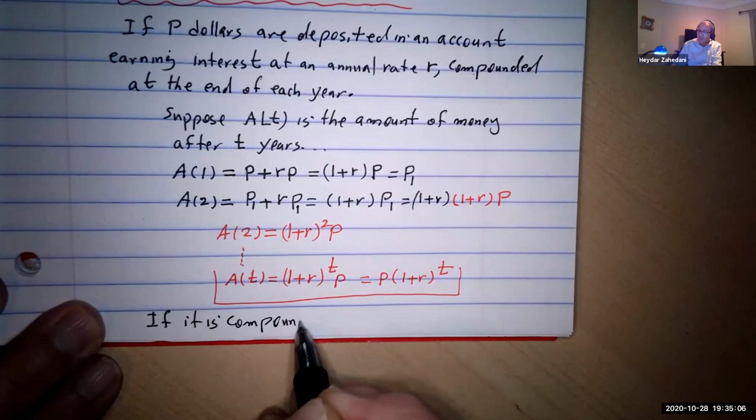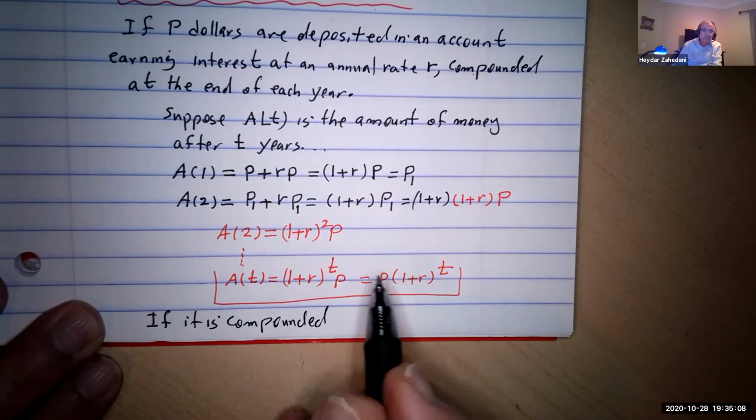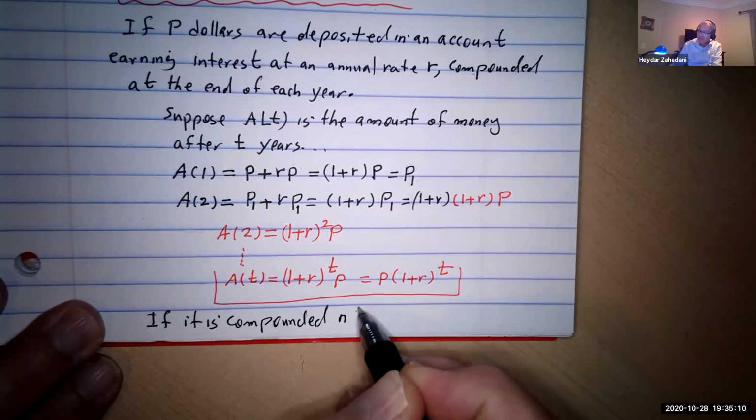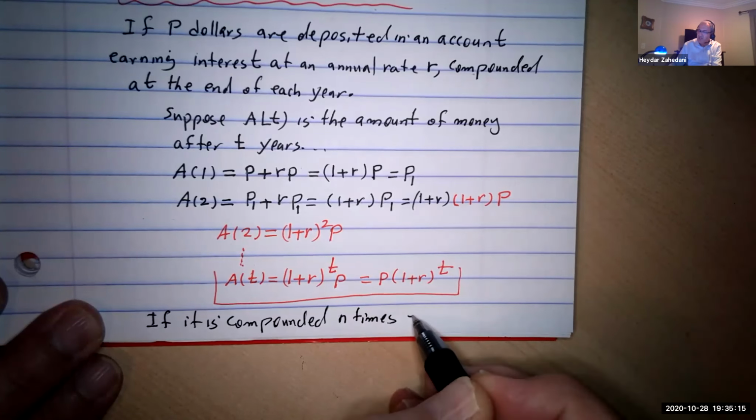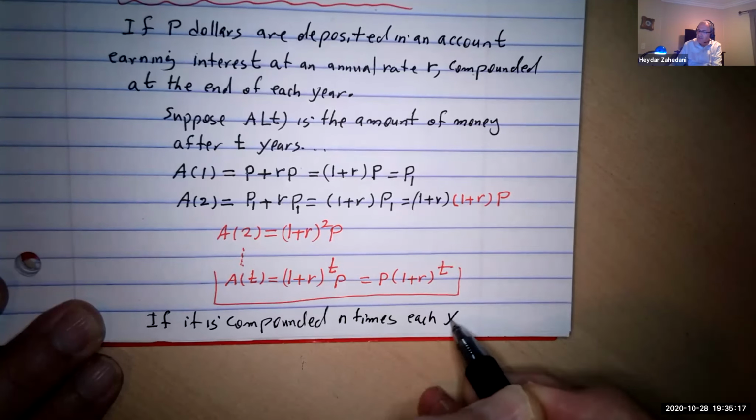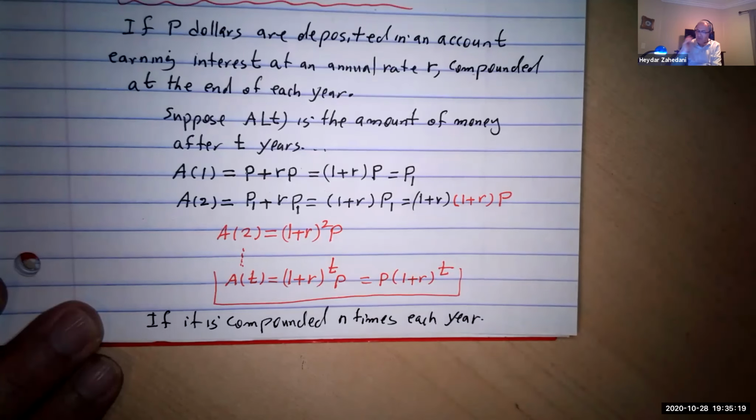If it is compounded n times each year, you have to modify your formula.